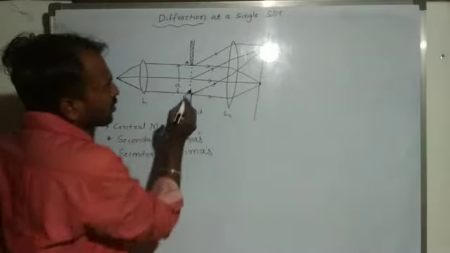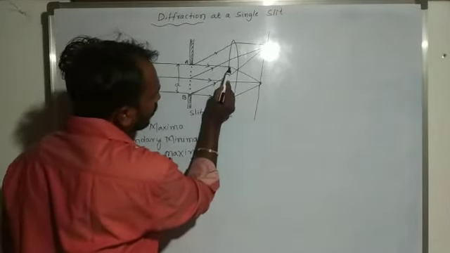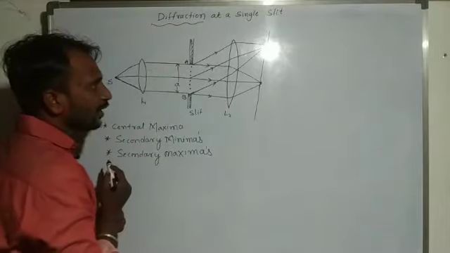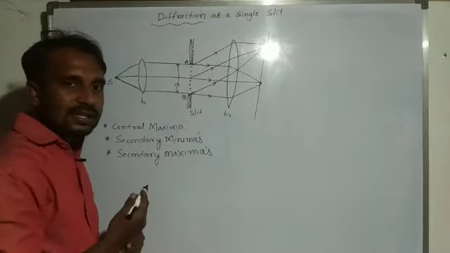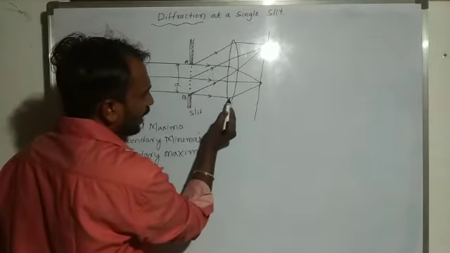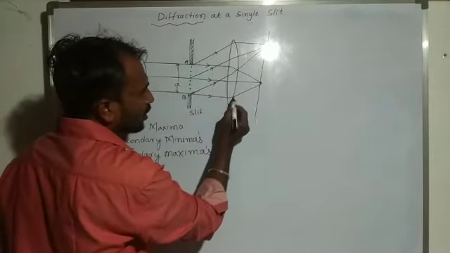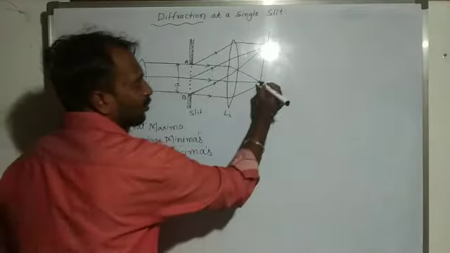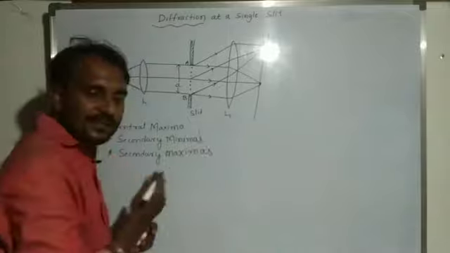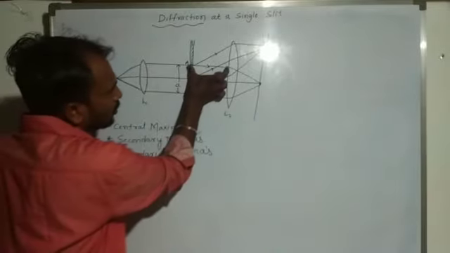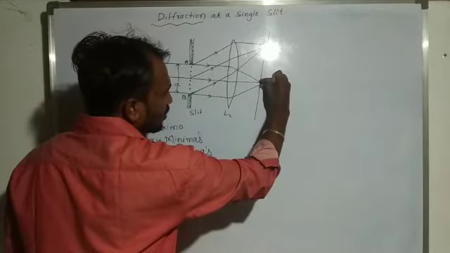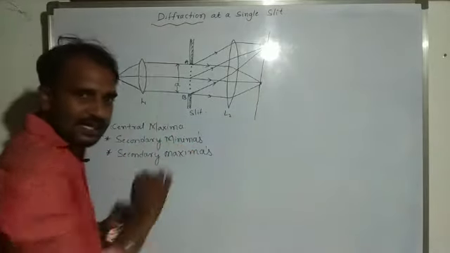Why? Because we consider one ray of light, and this one is another ray of light. The wavelength, suppose we consider, is lambda. So one light ray and another light ray are refracted and meet at a single point, which means the path difference is 0. Because these two are parallel, then refracted, these two light rays meet at a single point.